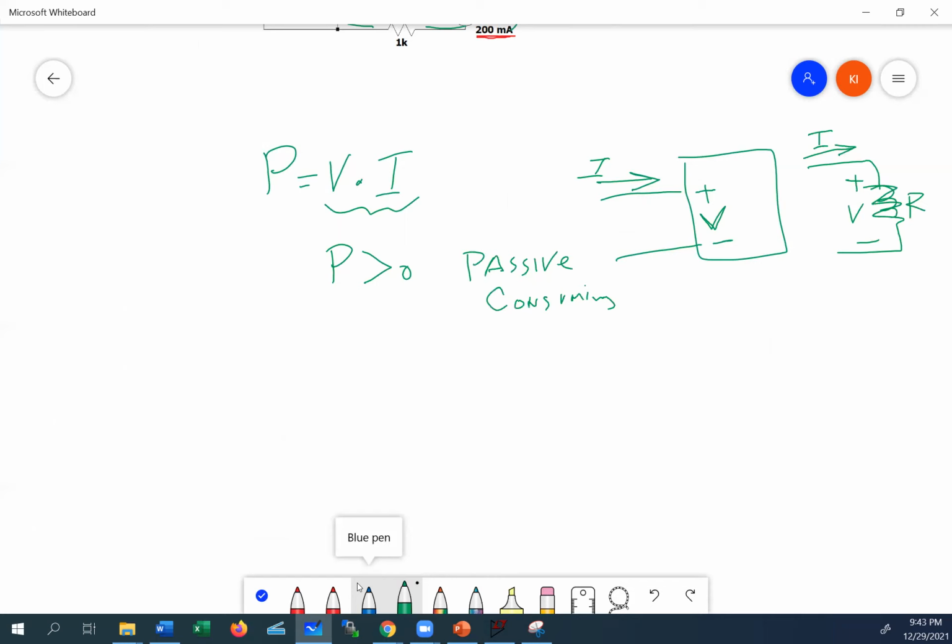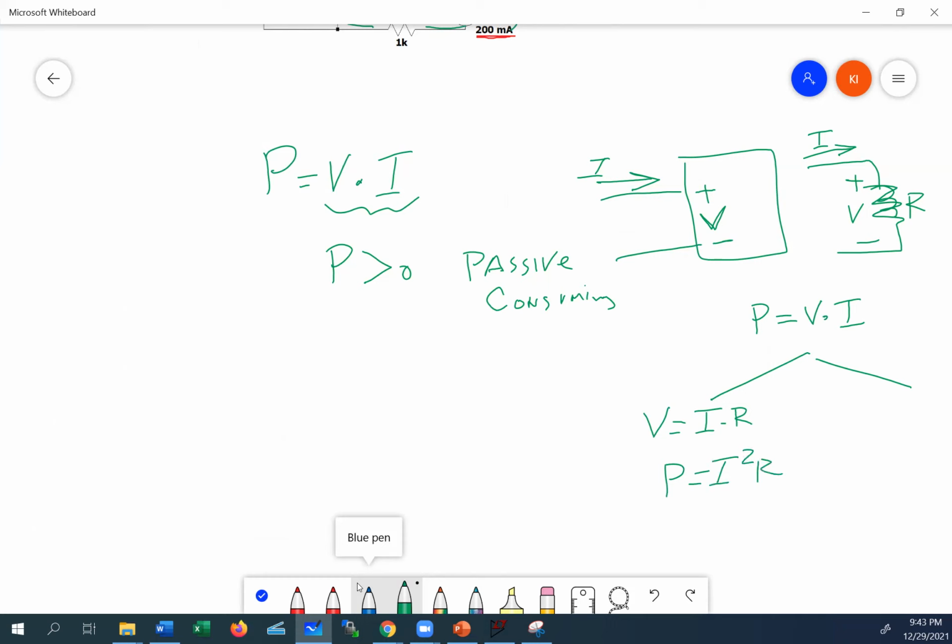So the power for this would be P equals V times I. And don't be surprised, you can apply Ohm's law to this. If you apply Ohm's law, you could go two ways. You can replace the V with I times R, and if I do that, then P becomes I squared R.